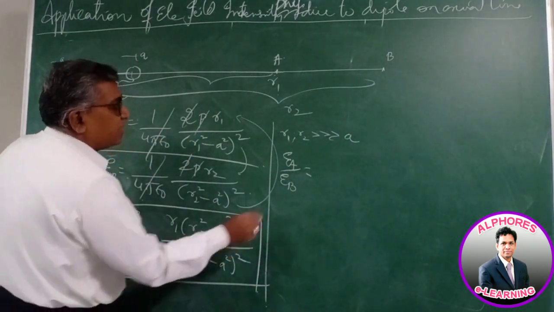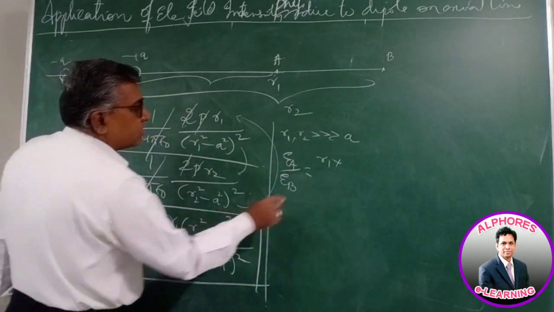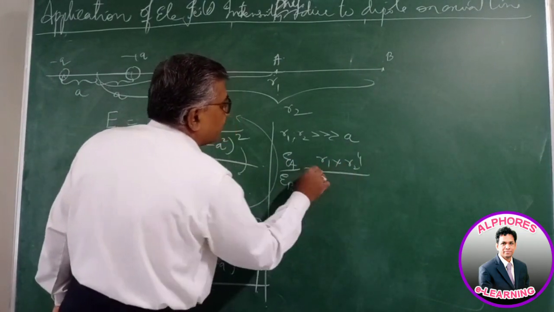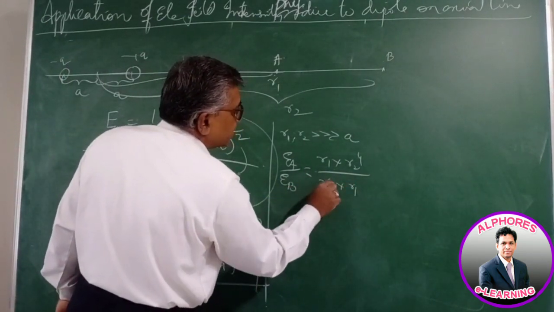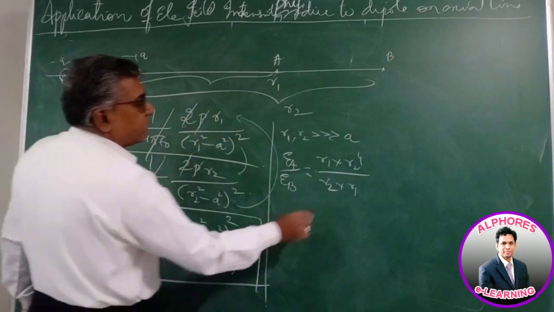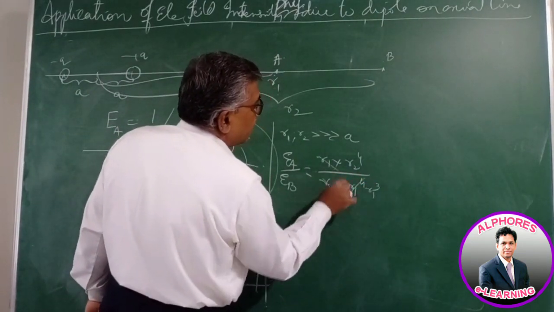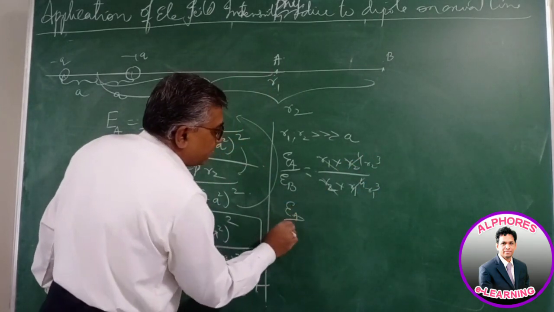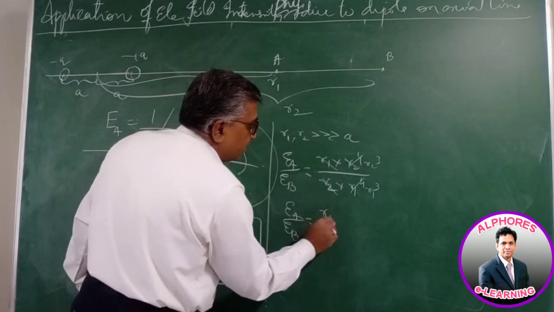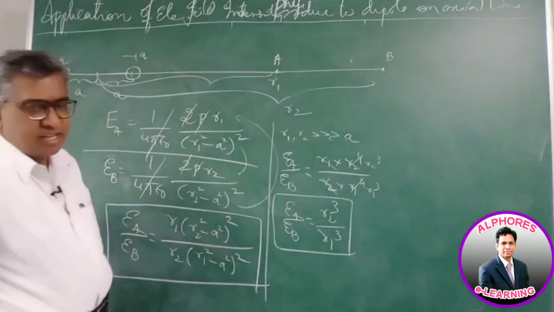Neglecting a, you get r1 into r2 power 4 by r2 into r1 power 4. So r1 gets cancelled leaving r1 cube, r2 gets cancelled leaving r2 cube. Again you get EA by EB equal to r2 cube by r1 cube. Same as the earlier result.